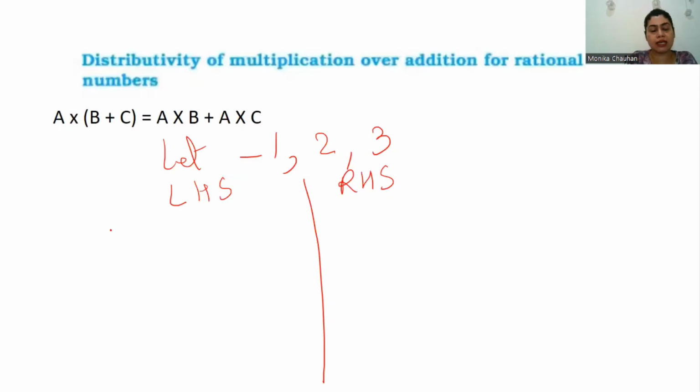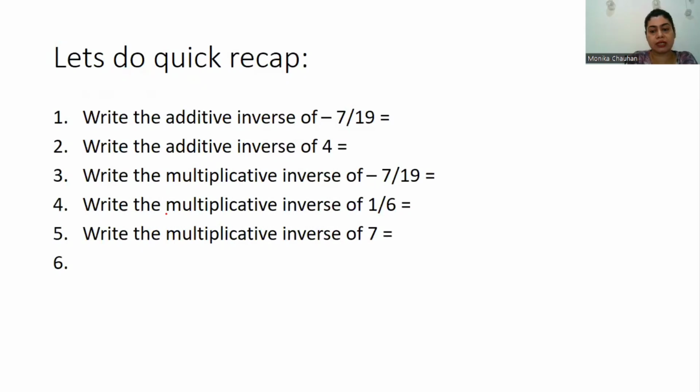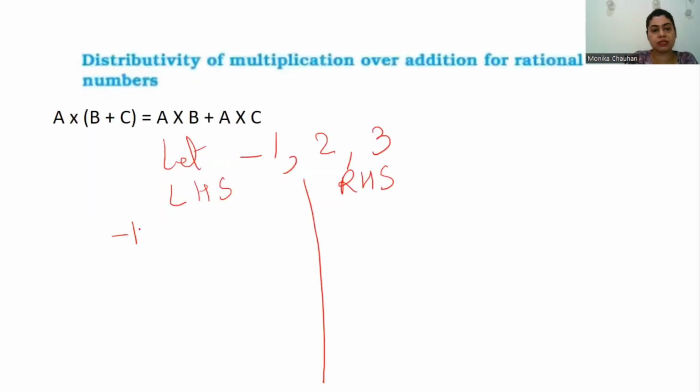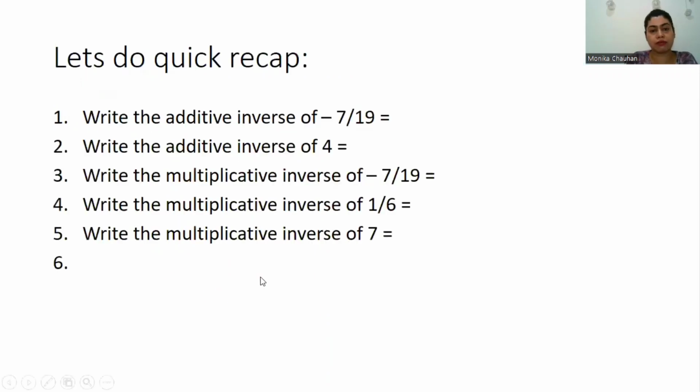So A into B plus C. What is A for me? -1 into B plus C. What is B for me? 2 plus 3. 2 plus 3 is 5, into -1 becomes -5.